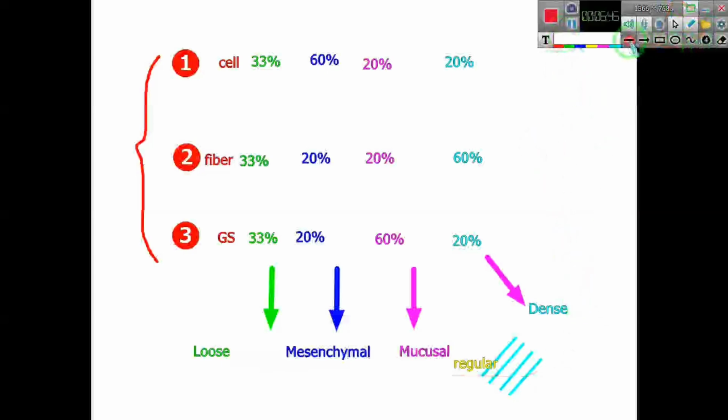And another possibility, we have fibers in random directions, something like this. Call it irregular.